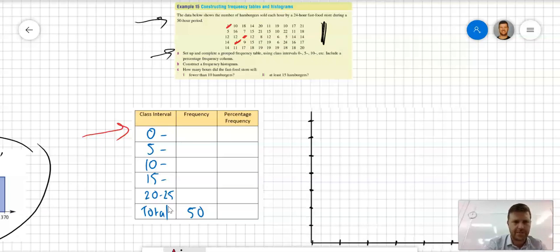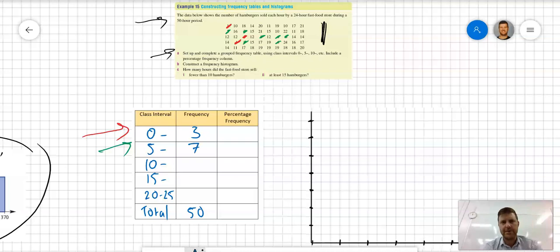So we put a 3 in here. Then we move on to the next one, which is between 5 and up to 10. So 1, 2, 3, 4, 5, 6, 7. Okay, and that's how you get your data into your frequency table.